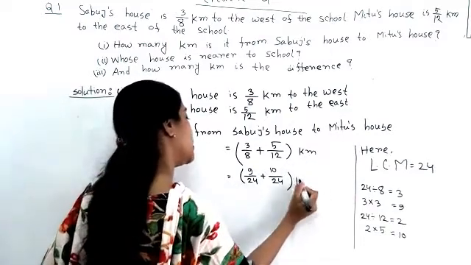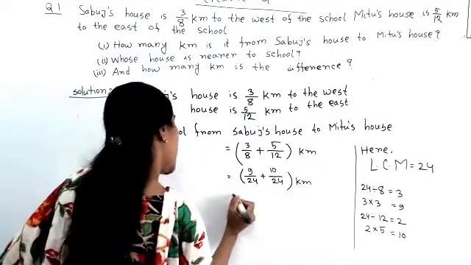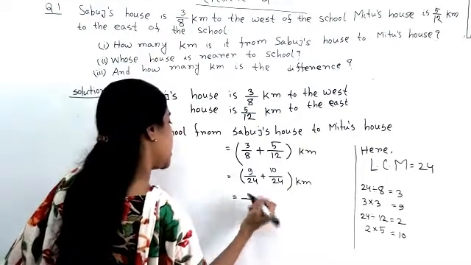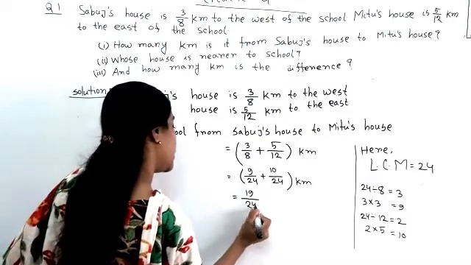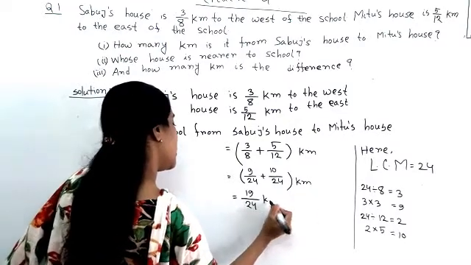Here kilometer, there is kilometer. Now here is addition. 9 plus 10 equals 19 divided by 24 kilometer.